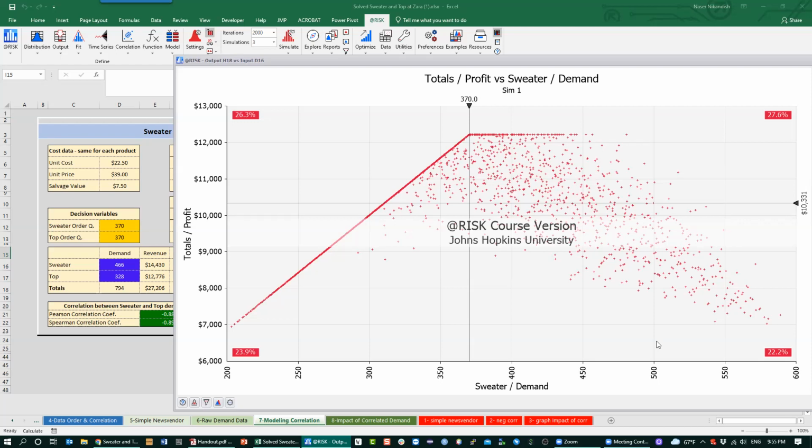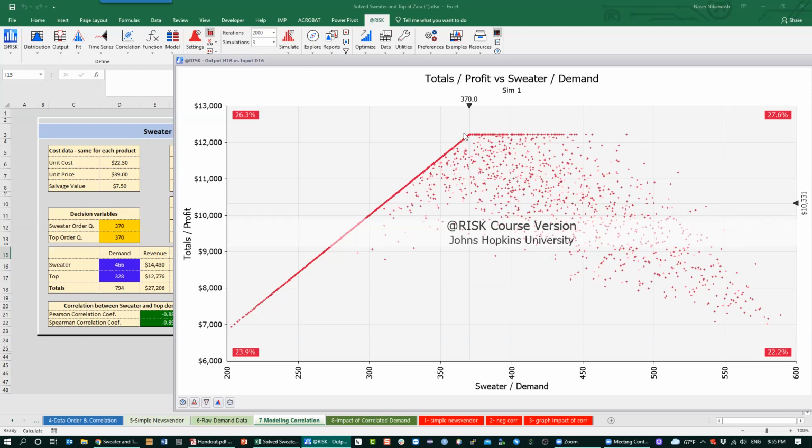On that line, you are also selling all units of top at full price. And what is this mess right here? This mess is here because the more demand I have for sweater, the less demand I'm going to have for top, which means I'm selling more and more units of top at salvage value. As a result, that brings down my profit, and the higher the demand for sweater is, the more this mess drags down the total profit.